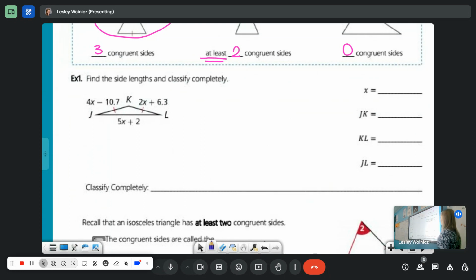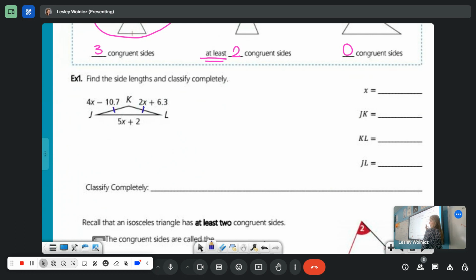All right, we have to find the side lengths and then classify completely. Any ideas? Okay, so if I know that the segments are congruent, what do I know about the lengths?